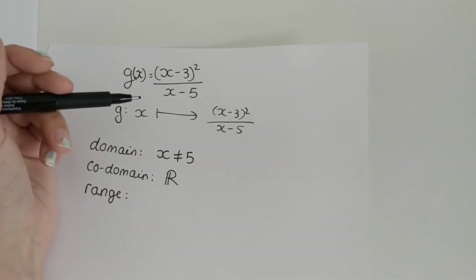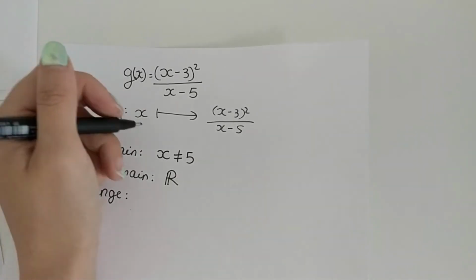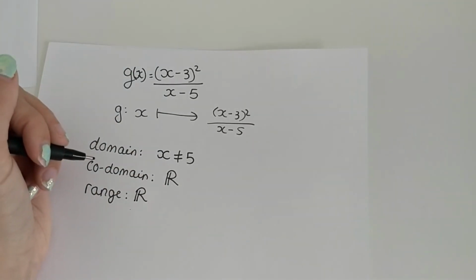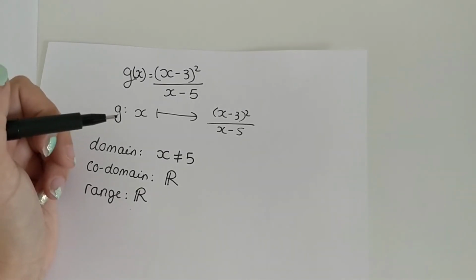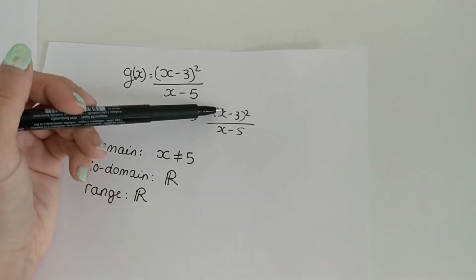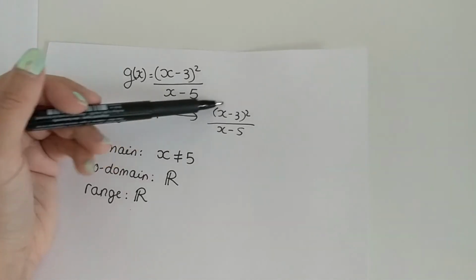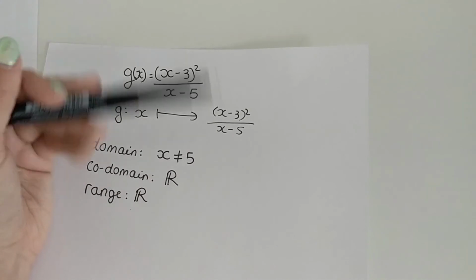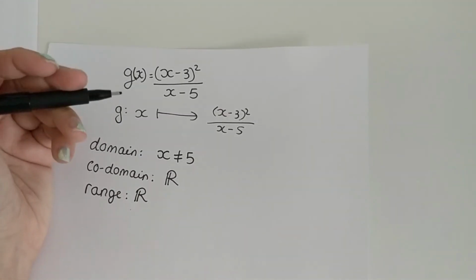I can't really think of anything I couldn't get. I mean, maybe if I drew the graph, I'd be able to work it out. So I'm happy to say the range is basically anything. I can get positives and negatives, because that's always positive, but this could be negative, so that's fine. Basically, it's all okay.